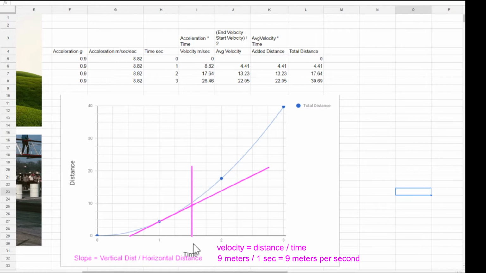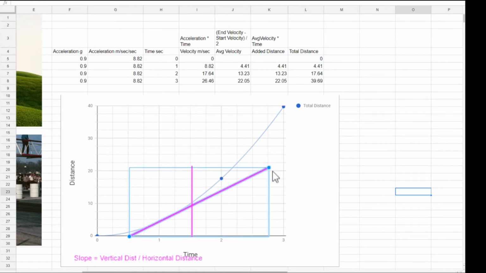Now we can check ourselves because we happen to have the data right here. So this is exactly at the 1 second mark. If we go up to the 1 second mark and we look at the velocity, the actual velocity is 8.82 meters per second. We guessed at 9 meters per second. That's pretty good.